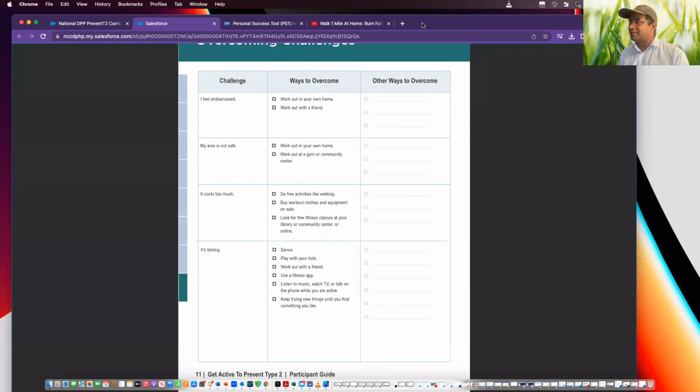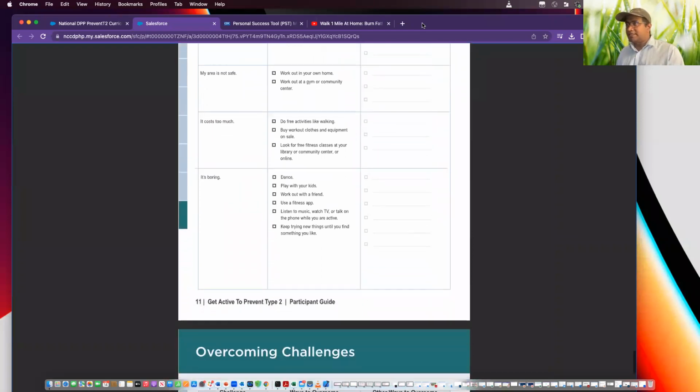Definitely look at your library and community center. They actually have fitness classes, and they're all free. So definitely try to utilize all the resources. There are a lot of free classes taught at the library and the community center.